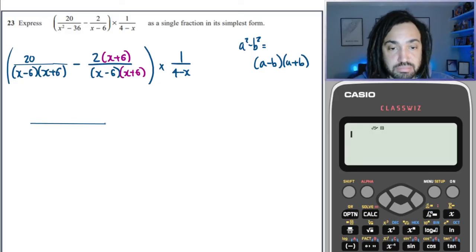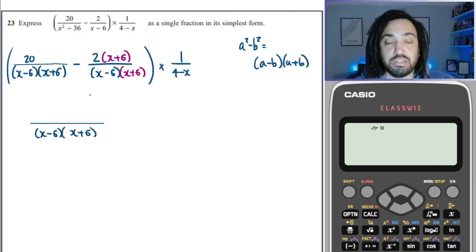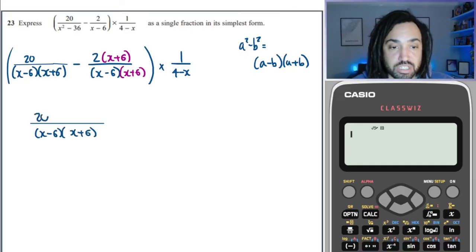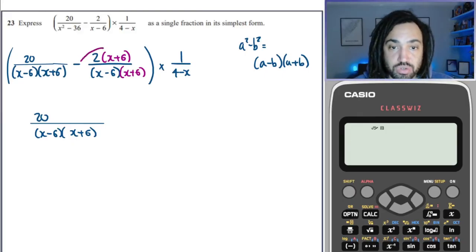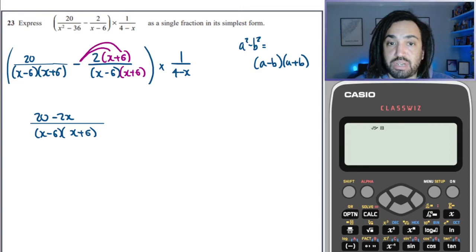Okay, so now we can write a single fraction, because we've got a common denominator, and we can write the numerator as 20, and then we'll multiply this out. So minus 2 times x is minus 2x, and minus 2 times 6 is minus 12.